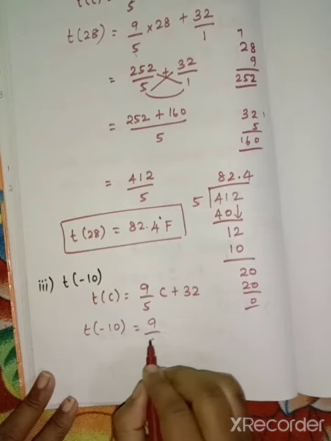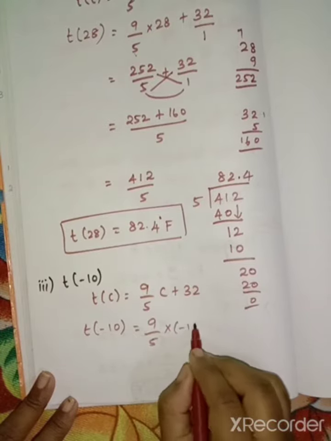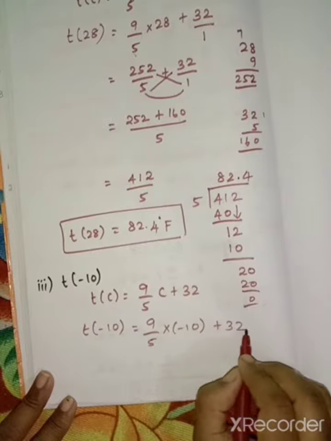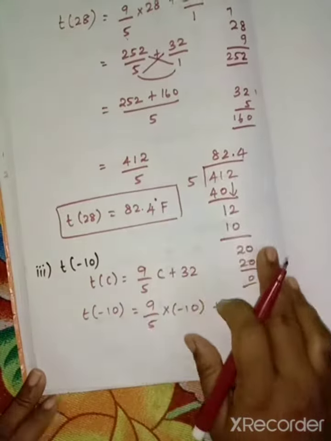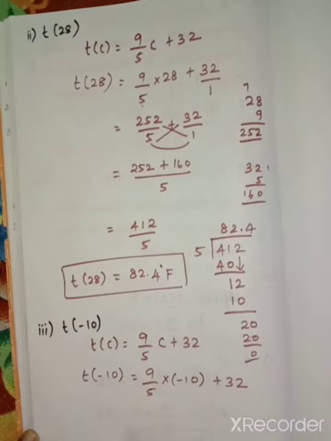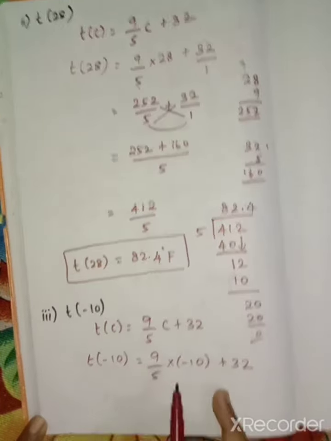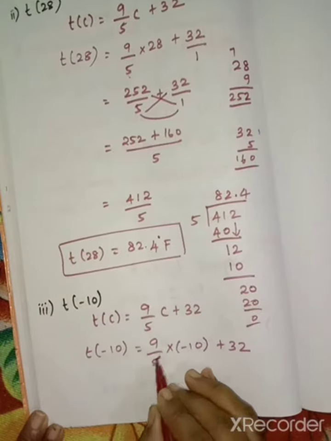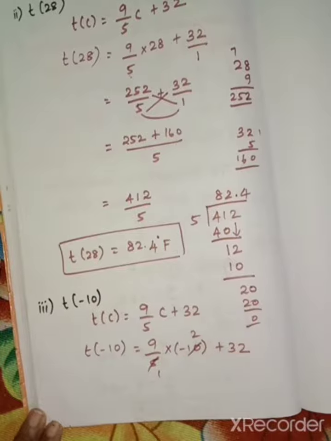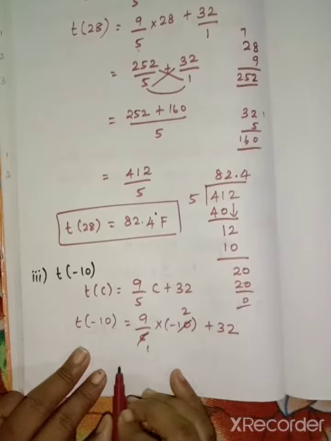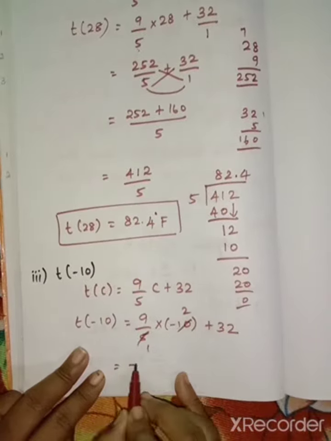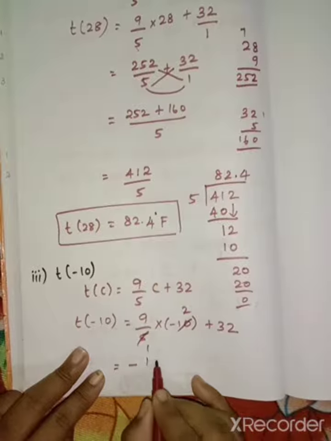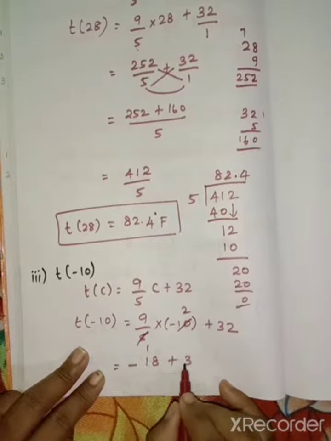So 9 by 5 into minus 10 plus 32. In the previous sum we can't cancel, but here we can cancel, because in the same table 1 5 is 5, 2 5s are 10. Now you have to multiply. So plus into minus, minus. 9 2s are 18, plus 32.